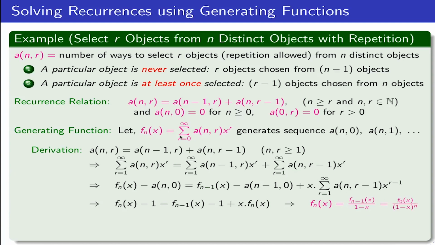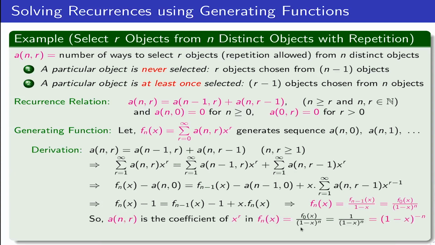So, f_0(x) is basically the summation of a(0, r) x to the power r. Now, if a is equal to 0, then there is only one choice possible for every option. So, this generating function goes down to 1 by (1 minus x) whole to the power n, which means it is (1 minus x) to the power minus n.